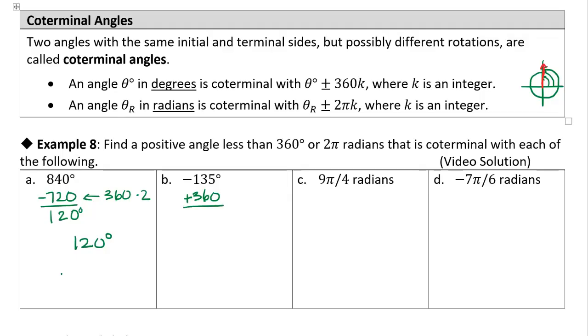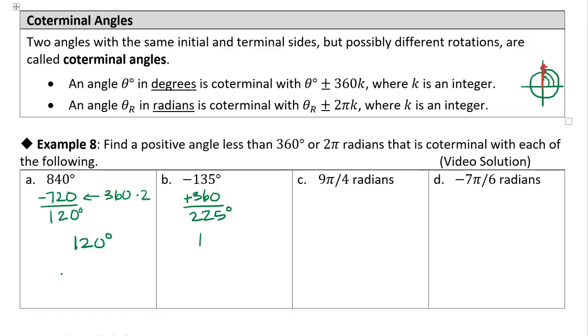If we add 360 degrees to negative 135, we're going to end up with 225 degrees. That seems to work, because that's between 0 and 360.